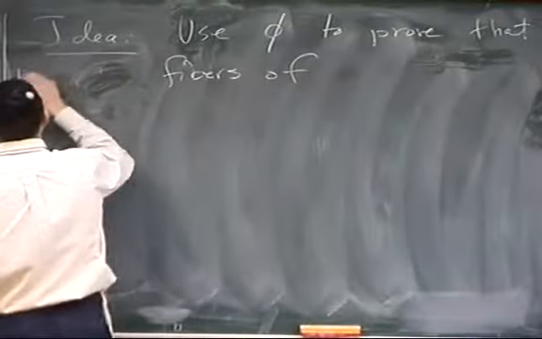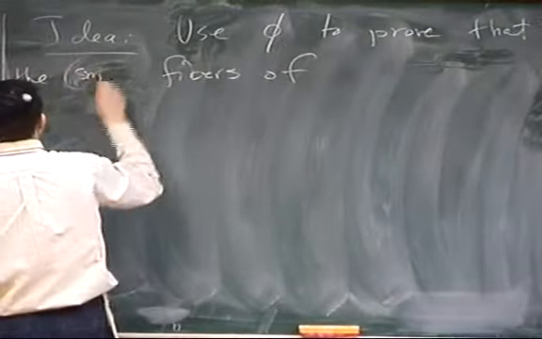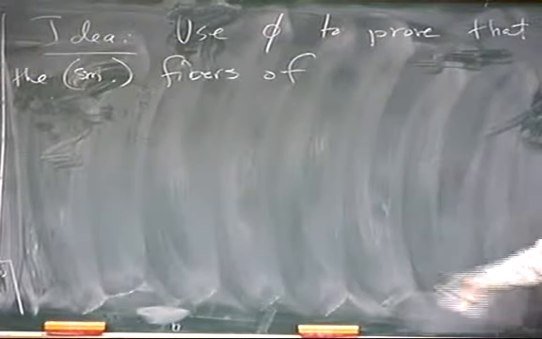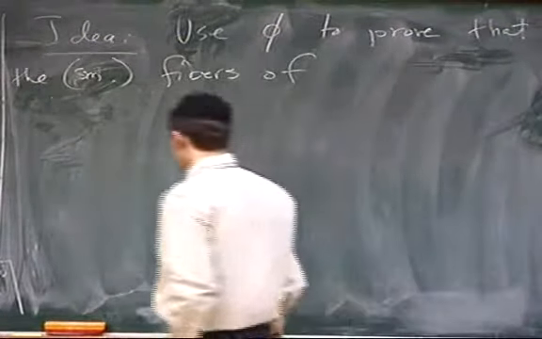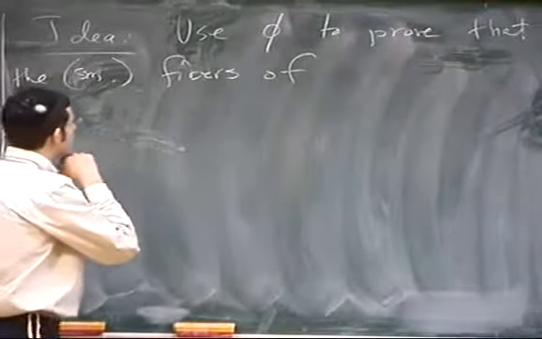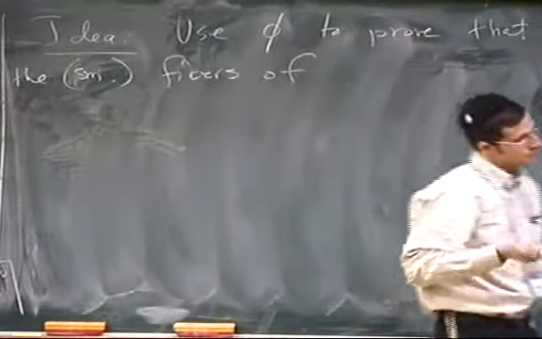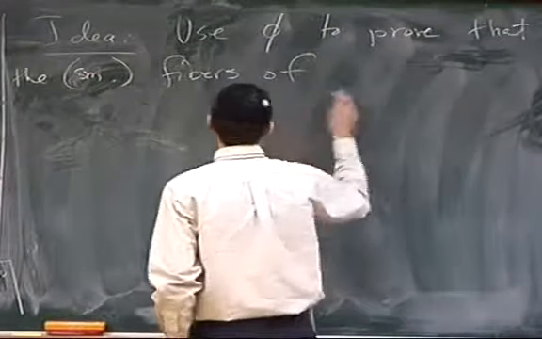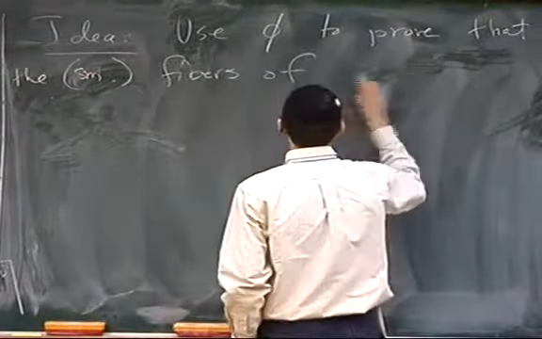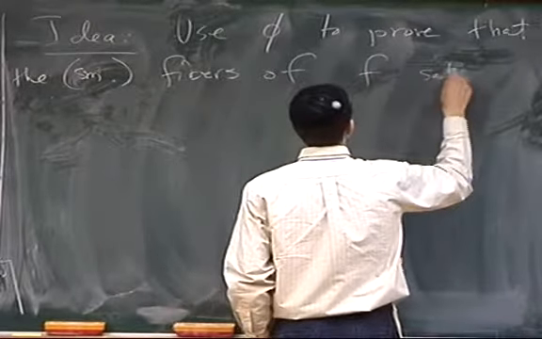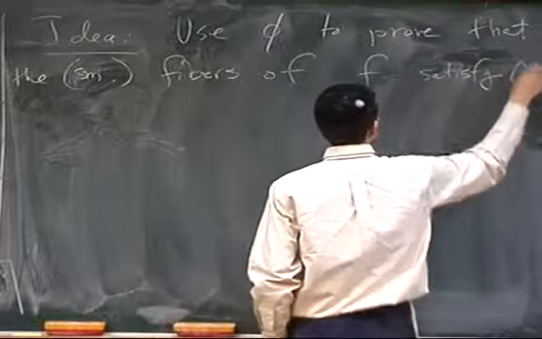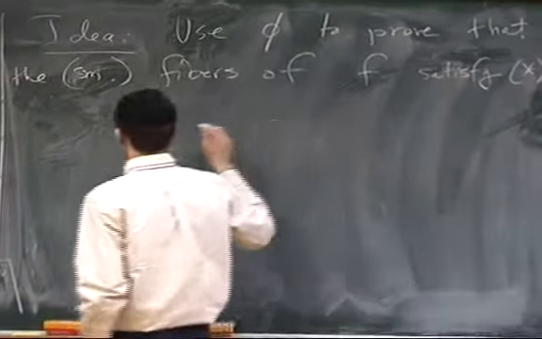I'm only going to consider smooth fibers because I don't even know how to begin defining Floer homology for the non-smooth fibers, because they're pretty badly singular. So use phi to prove that the smooth fibers of F satisfy these conditions. This would be the goal.